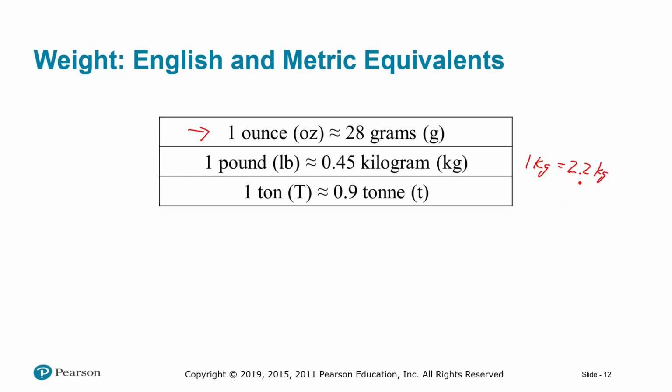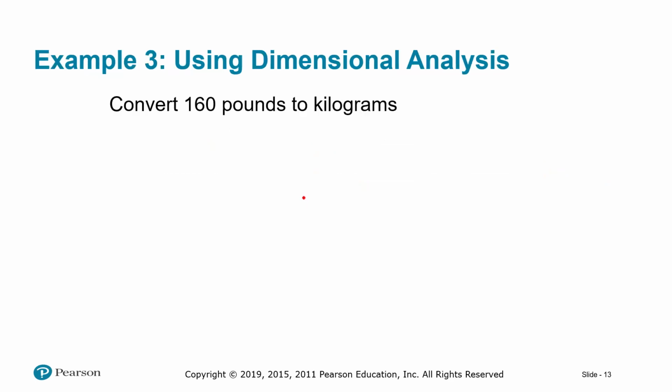If you reverse that, divide both sides by 2.2, you get that 0.45, just in case you want to. And 1 ton is equal to 9/10 of a metric ton. Remember, the metric ton is tonne, and it's a small t for metric ton, as opposed to a big T for English ton. Not quite the same, in the same order of magnitude though.